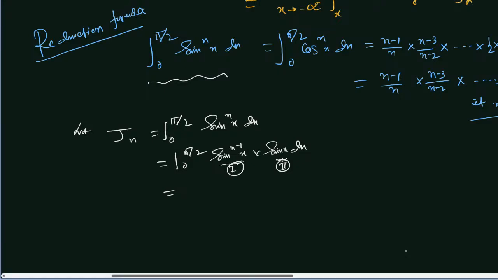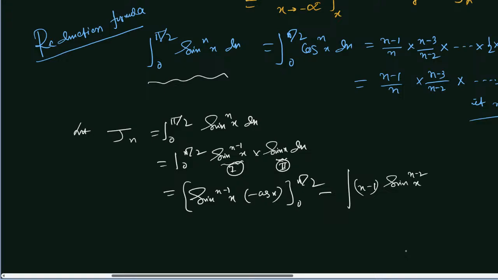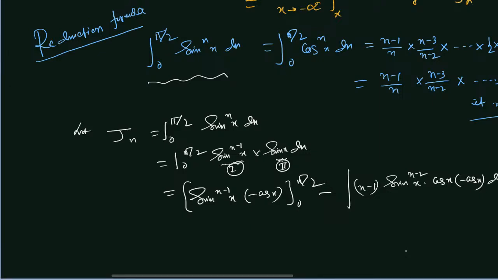So this first function, minus cos x from 0 to pi by 2, minus integral of (n minus 1) sine to the power n minus 2 x cos x, and then minus cos x will come there, from 0 to pi by 2.